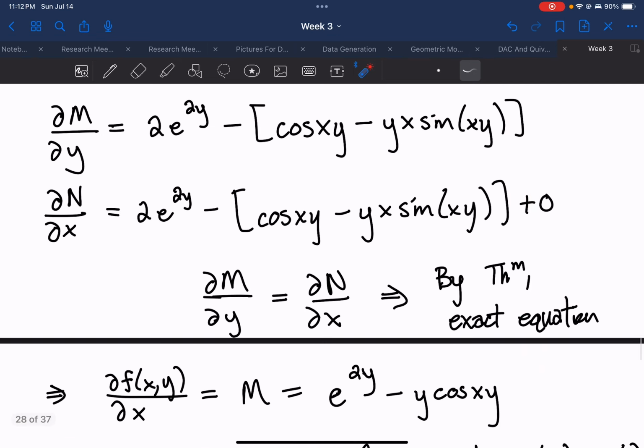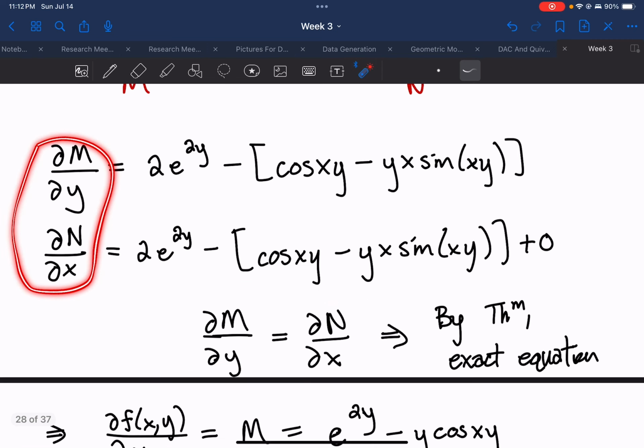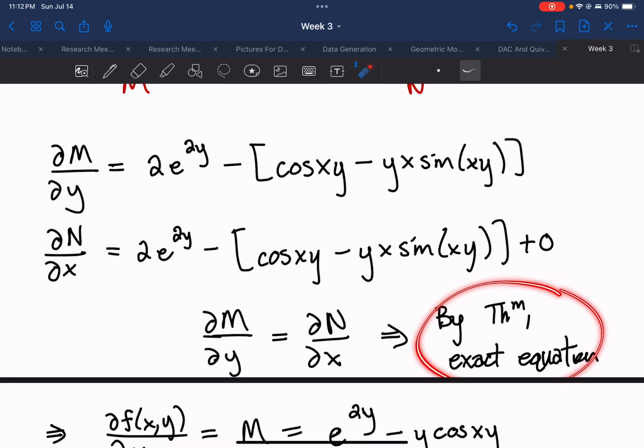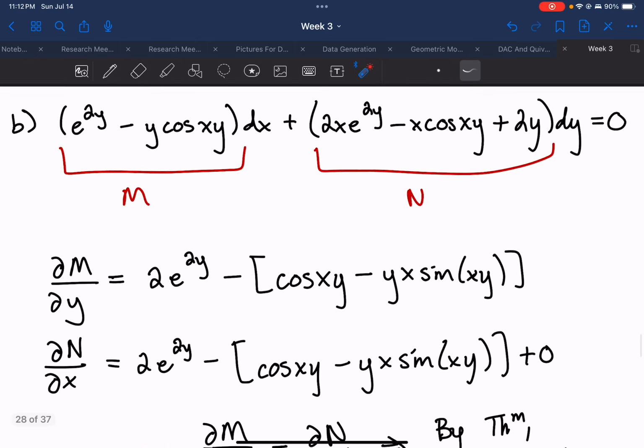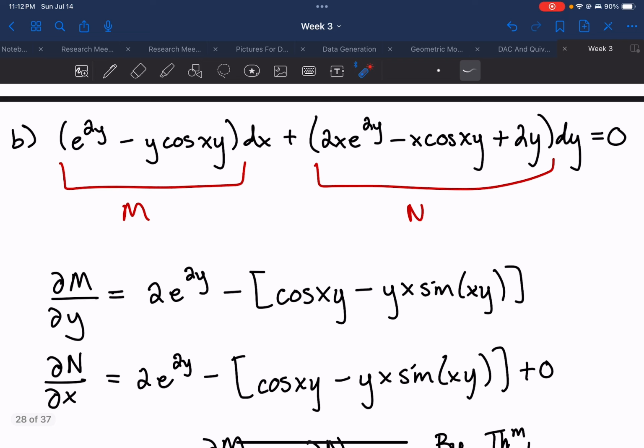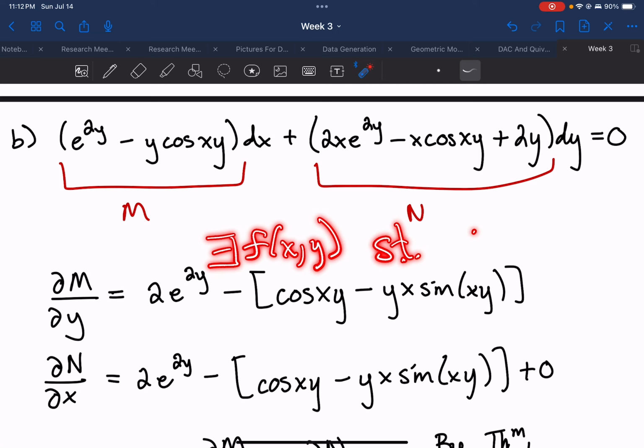And since these two partial derivatives are equal to each other, that means this is exact. So there exists some function f such that partial f partial x is M and partial f partial y is N. Right? And that's what we're looking for.